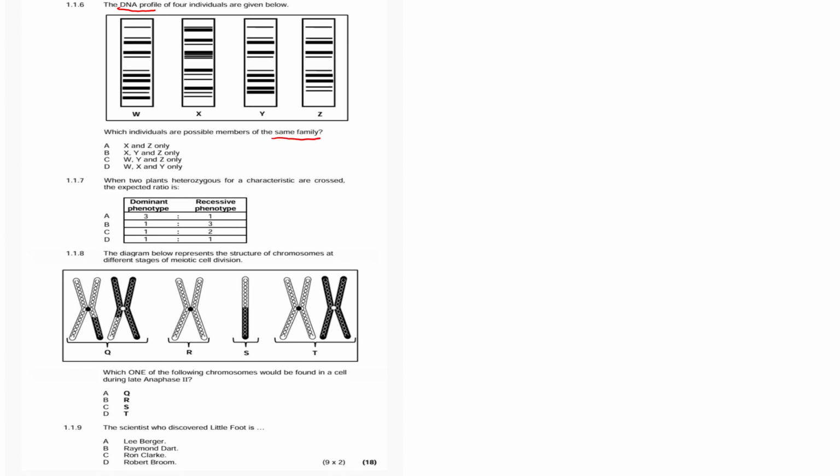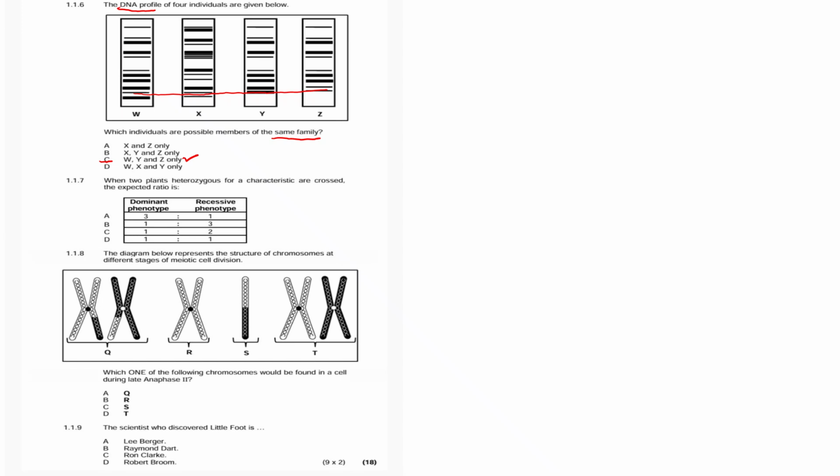So we can say Y, W and Z. C can be the correct option because if you take a ruler and try to match the DNA strands, Y, W and Z have more strands that are matching than X. So that's why there's a high possibility that they are members of the same family.